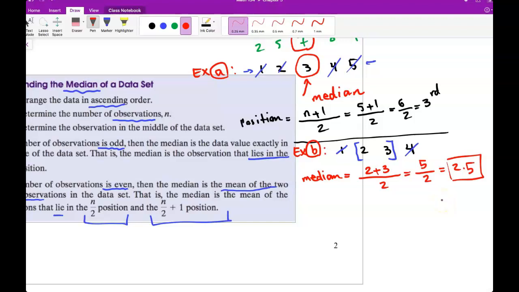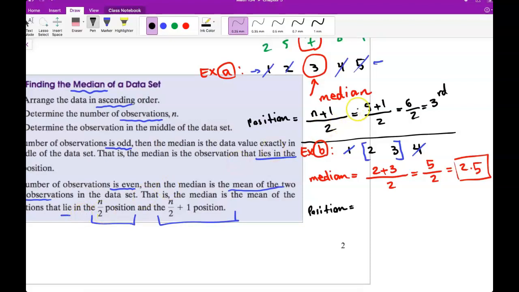So our median is between these two numbers, and that is 2.5. What its position is, obviously you can see this is first place, second place, third place. So our median is between second and third place.